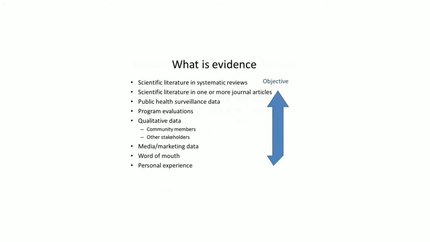Now, when we're talking about evidence, we're actually talking about information based on the level of bias. That is, to what extent is the information objective, or to what extent is the information subjective.